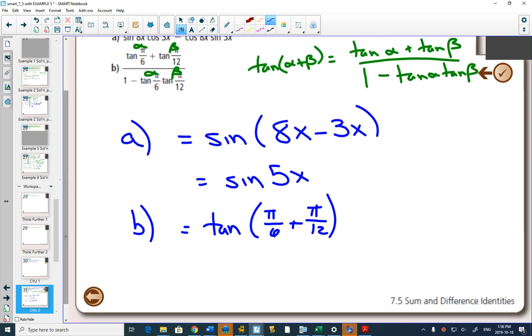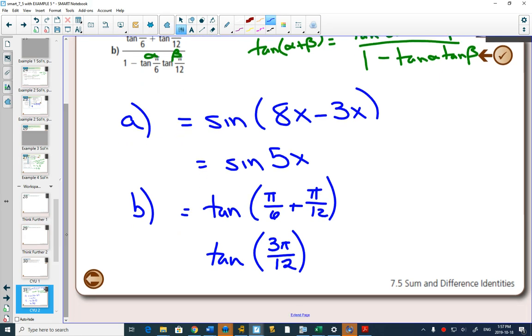How do we add fractions? We need a common denominator. Can you see that your common denominator is 12? 2 pi over 12 plus 1 pi over 12 would give me 3 pi over 12. Can I reduce that?